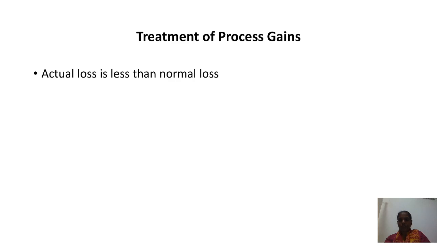The account is credited with units and the value of abnormal gains in different processes. It is debited with the loss in scrap value of normal loss, which did not happen because of the occurrence of abnormal gain. The balance of the account is transferred to costing profit and loss account.